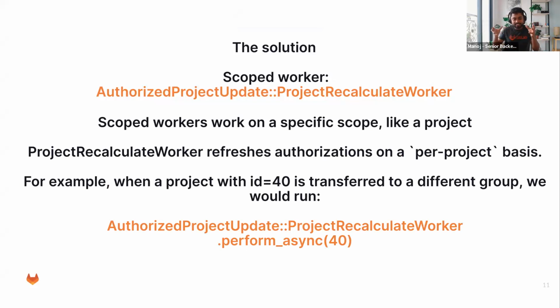Inside this job, it is able to fetch all the members arising from all different areas, like from within the group, the ancestors, direct members of the project, and people from project group links. It fetches all of them together and figures out all of the users that have access to this particular project. So that is what we mean by it does the work on a per project basis.